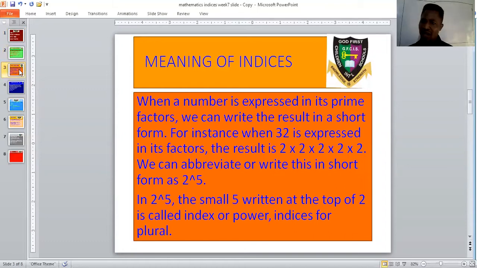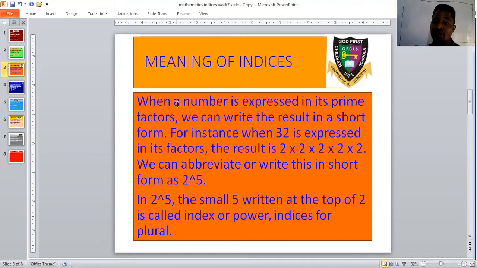Now, what is indices? You've been hearing the word indices or index. What does it mean? Are they related? Are they opposites? Okay, come with me as I explain to you the meaning of indices.